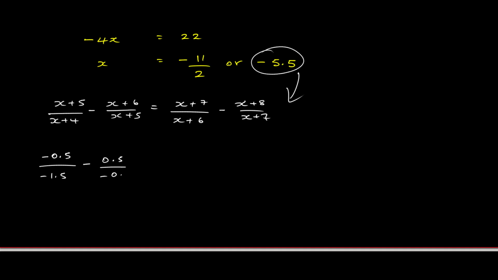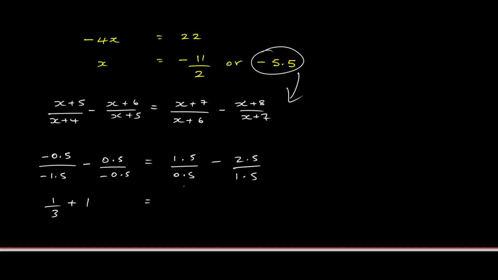Now on the right hand side, we would have 1.5 remaining here, positive, and this would be 0.5 minus 2.5 over 1.5. Now let's see if these equate to the same thing. So here we would have 1 over 3 plus 1.